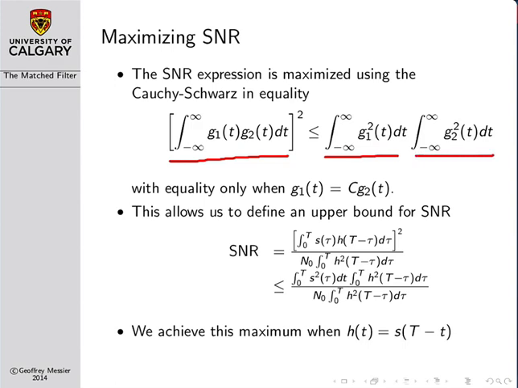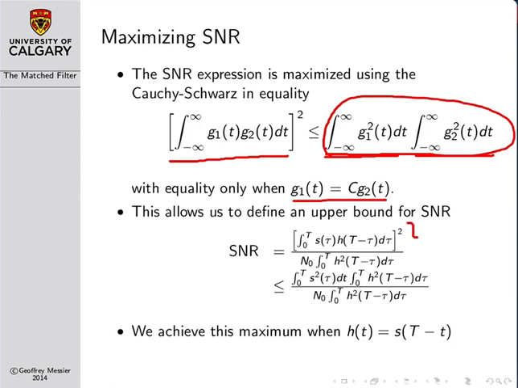And the nice thing about it is that it gives us the condition to achieve this upper bound. The right-hand side of this equation can be considered an upper bound because the left-hand side is less than or equal to it. We achieve this upper bound when g1 and g2 are equal to within a constant. And so this allows us to define an upper bound for signal-to-noise ratio.